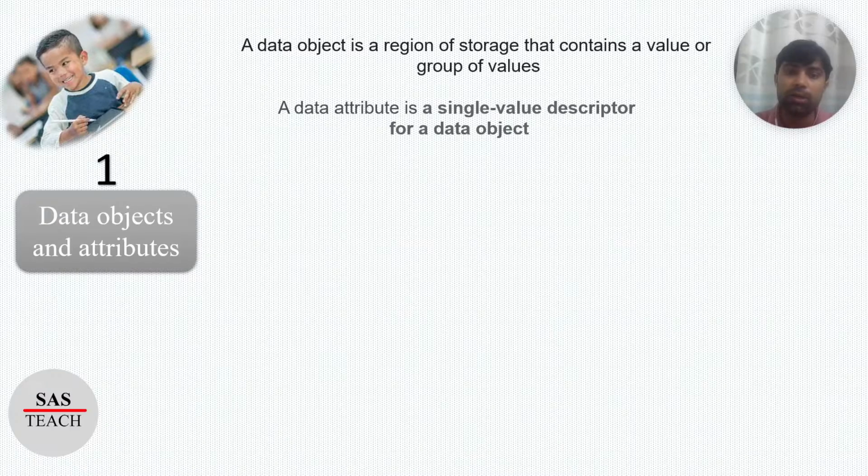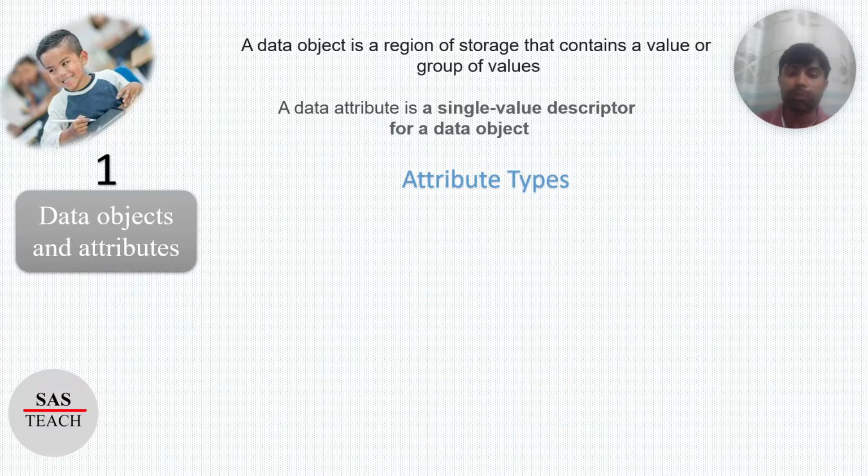A data attribute is a single value descriptor for a data object. For example, a student has many attributes like his name, his student ID, his score for a particular subject. So these will be considered as attributes. When we know what the object and the attributes are, we can recognize which type of data is there.